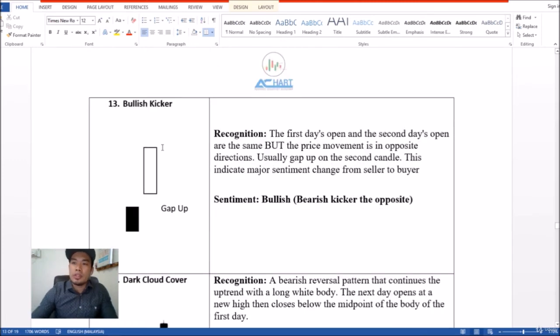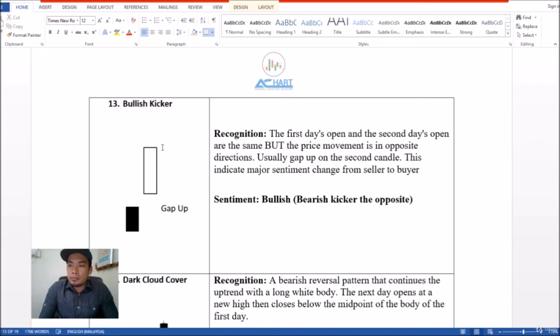So now, the interesting part is a bullish kicker. This is a strong sentiment change indicator, where if there is massive selling the day before and today, and the next day it gaps up to form a really long white candle, we can conclude that the bullish kicker is forming.